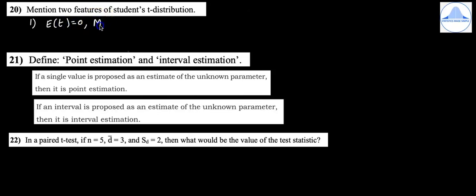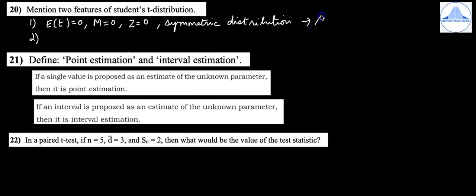Then the median, that is m, is equal to 0, and even the mode, that is z, is equal to 0. This point actually means that it is a symmetric distribution, and we also know for a symmetric distribution beta 1 value is equal to 0.